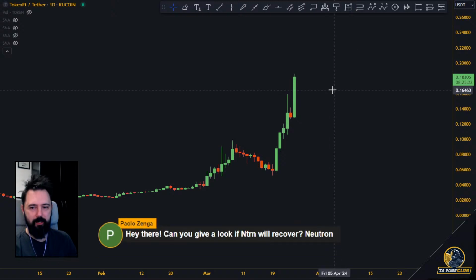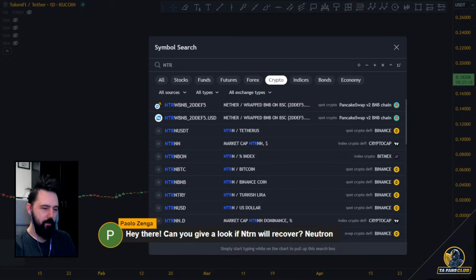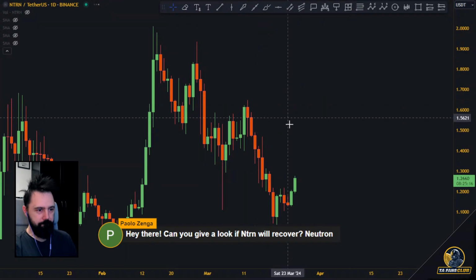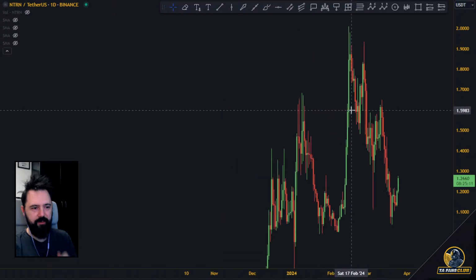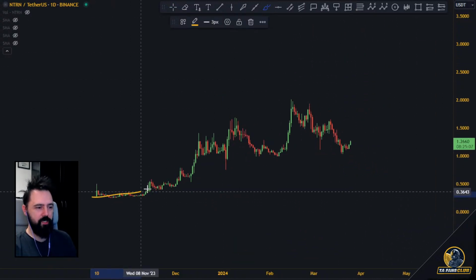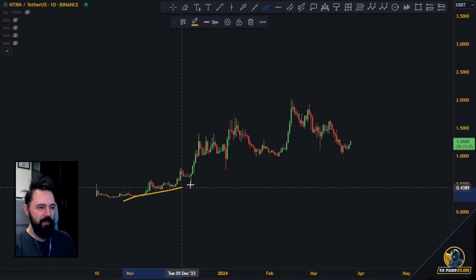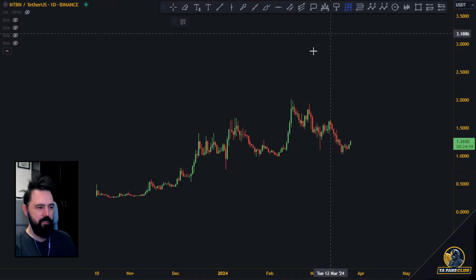Hey there, can you give a look if Neutron will recover? Sure, man. Let's see. NTRN. If it will recover. I mean, recover from what? It's been just going towards upside over here. But yeah, it did break the trend over here towards downside. So maybe it's gonna recover up here. We're gonna see that. But how much is it up from the bottoms though?